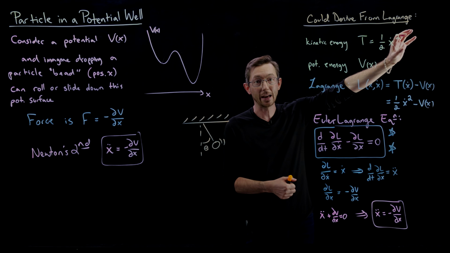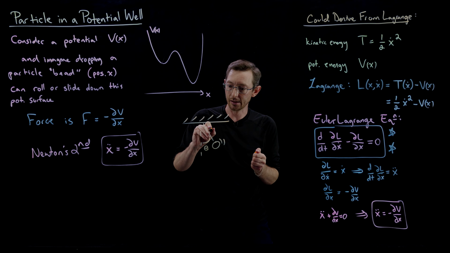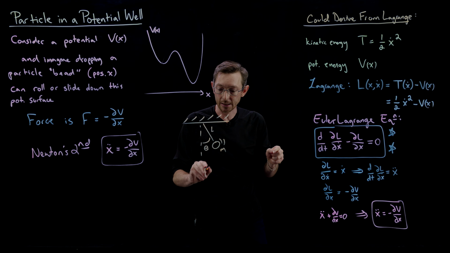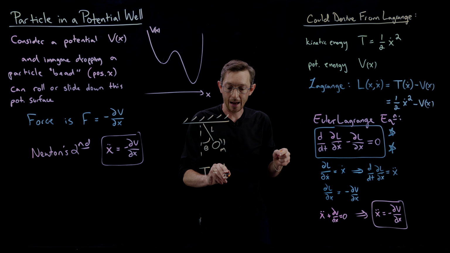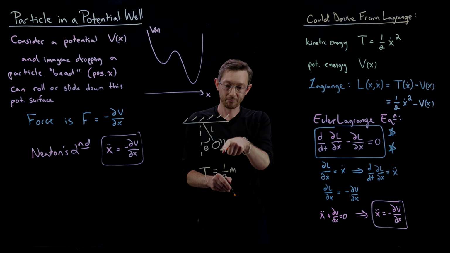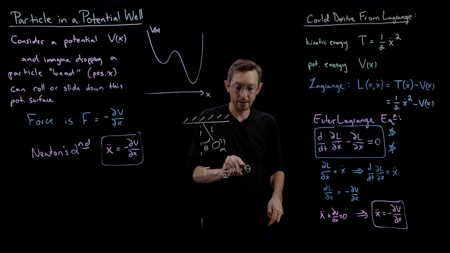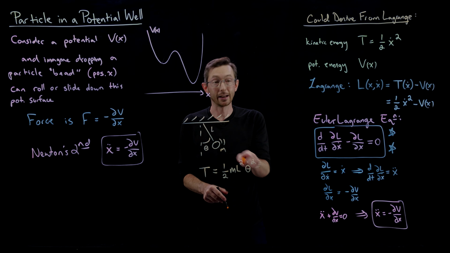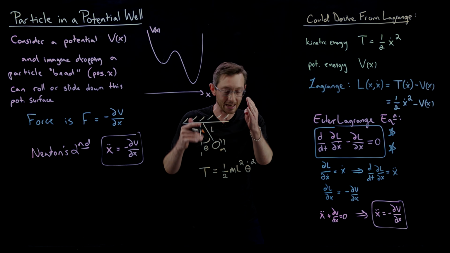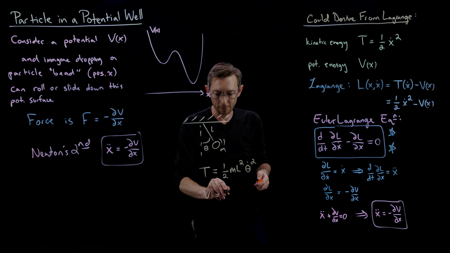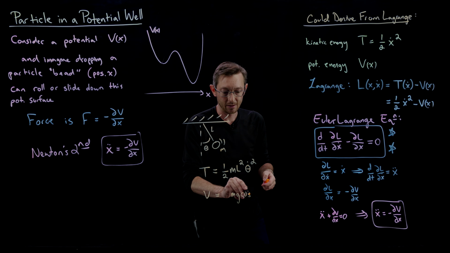I'd write down the kinetic energy; this thing has a length L and a mass m. So the kinetic energy T would be 1/2 m L squared theta dot squared. Okay, that's the kinetic energy of that system. I could write down the potential energy. It's probably something like V equals mg cos theta.